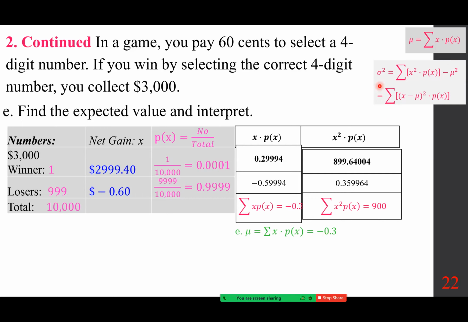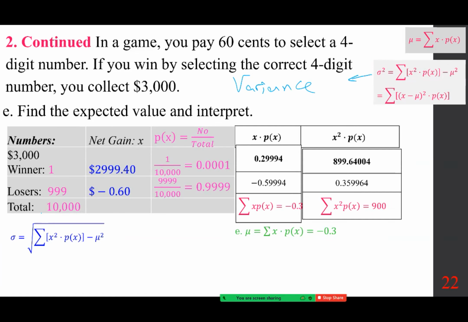When you take a root, it becomes sigma, the standard deviation. So in one shot, I'm going to take a root. I'm going to use this formula, sigma versus sigma squared. Everybody pay attention, this is the variance. And this is the standard deviation.